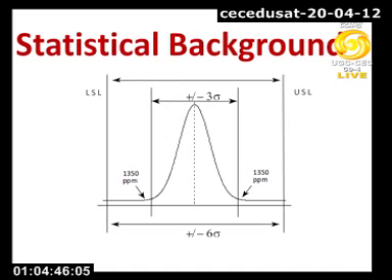As we have already discussed in the previous slide, the yield is 0.9973. If we subtract it from 1, it is 0.27 percent, which is nothing but 0.135 percent on both sides. These are the ranges where defects are there, and within these limits plus minus 3 sigma, all the items which are produced are acceptable as far as the process is concerned.